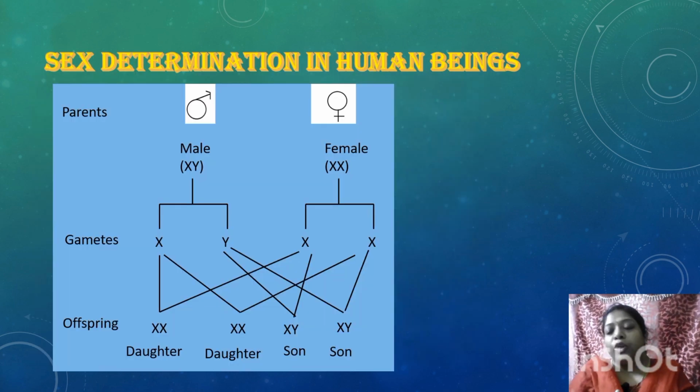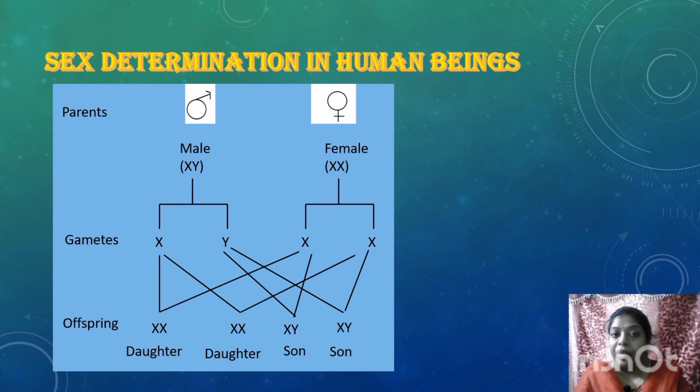The next part of our session is sex determination in human beings. How can you determine whether it is a boy baby or a girl baby? It's very simple. As all of you know, human beings have 23 pairs of chromosomes.